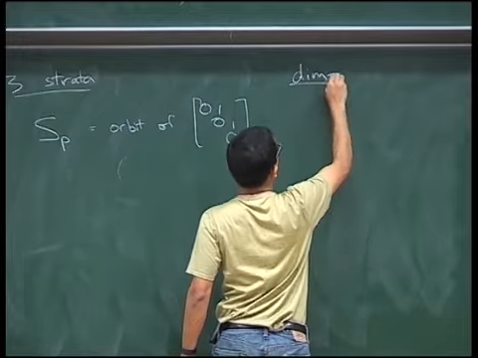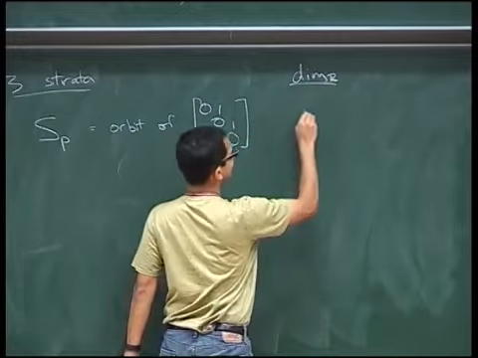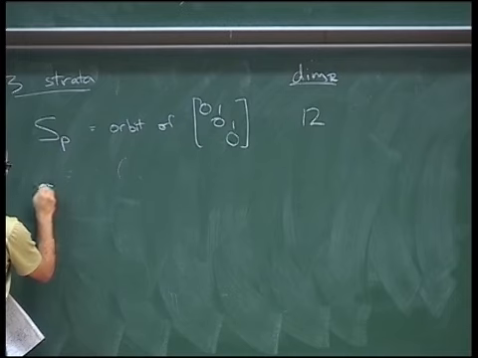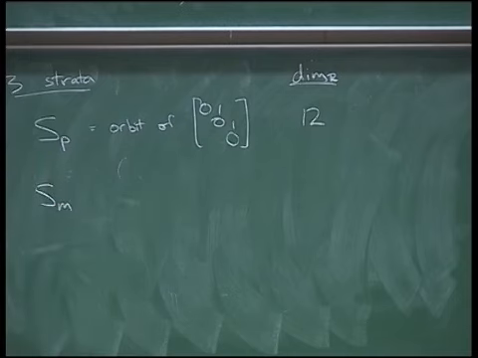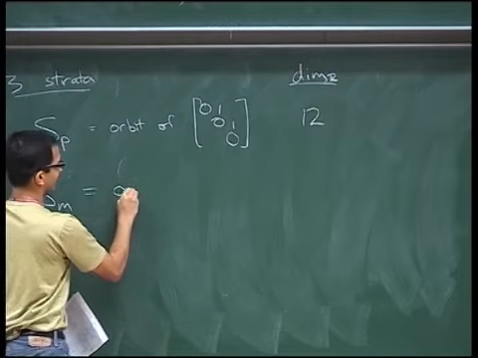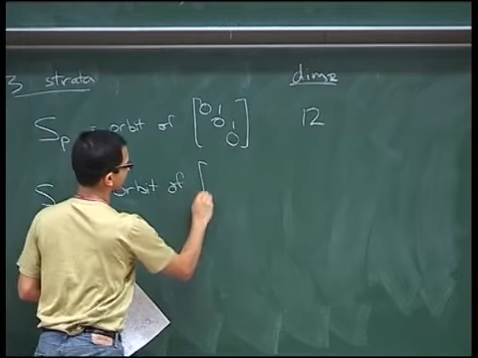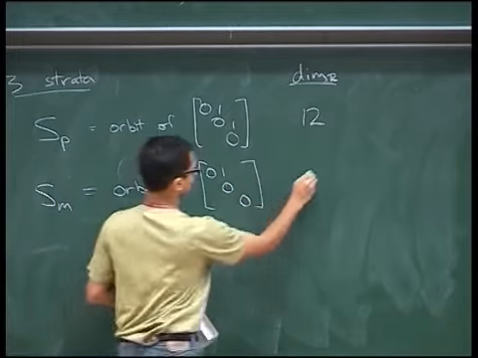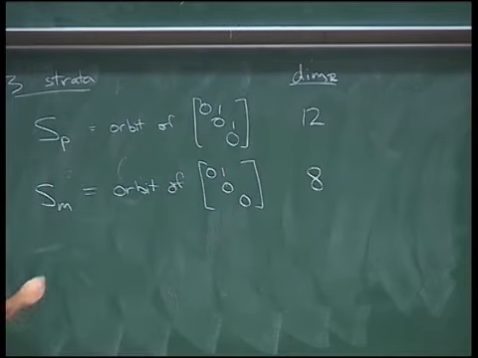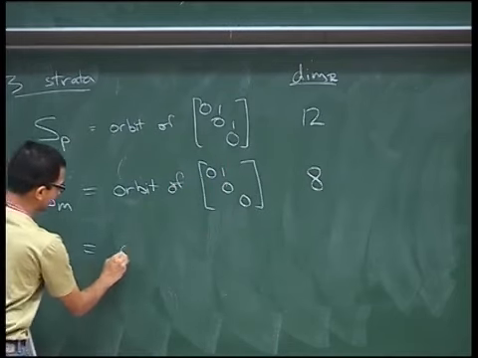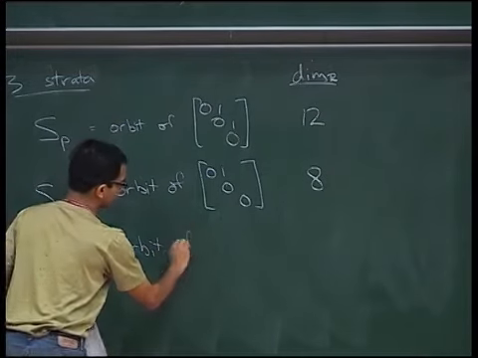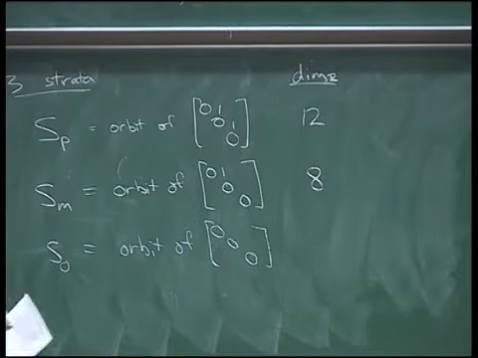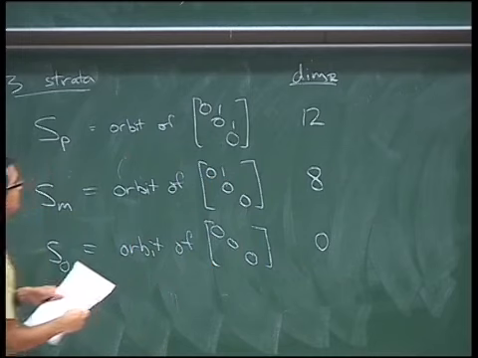And these are real dimensions. So if you're used to seeing half these numbers, don't get worried. Then the next one I'm going to call SM for middle. And this is the orbit of this matrix, and its dimension is 8. And then the last one is a singleton. It's just a single point, which is the 0 matrix. And its dimension is 0.